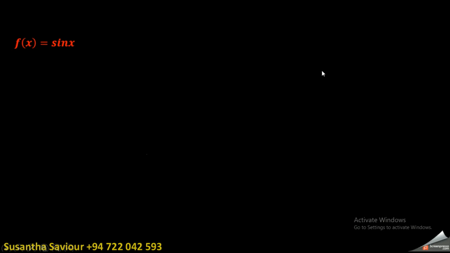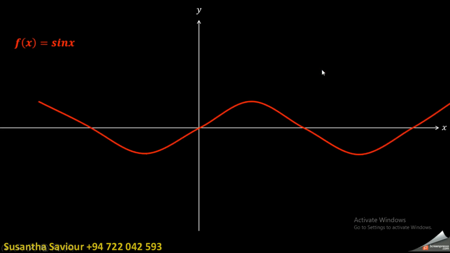We will look at this now. f(x) equals sin x. f(x) equals sin x is this curve, right? Then f(x) minus 1 means this original curve moves down by how many points? 1 point.